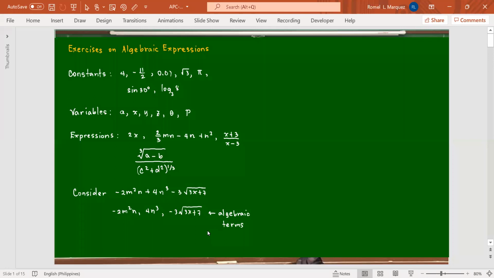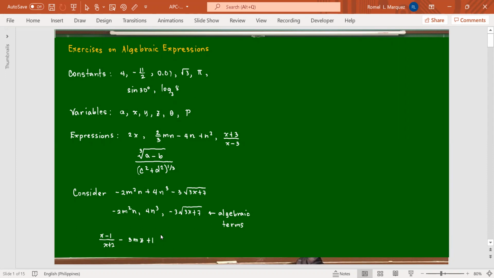Okay? So when you say algebraic term or simply term, it is a part of an algebraic expression separated by plus or minus sign, with the sign included. If I have, for instance, x minus 1 all over x plus 2 minus 3mz plus 1.